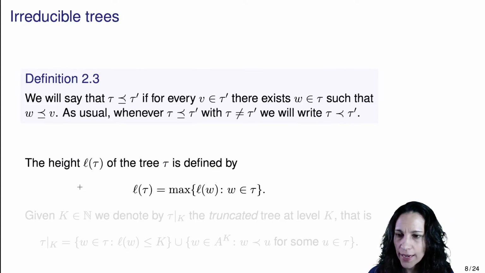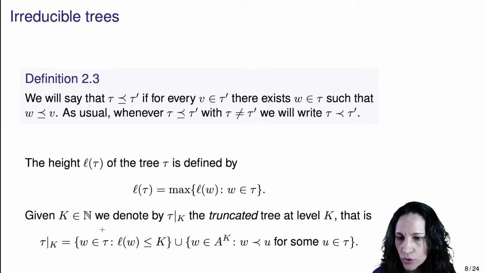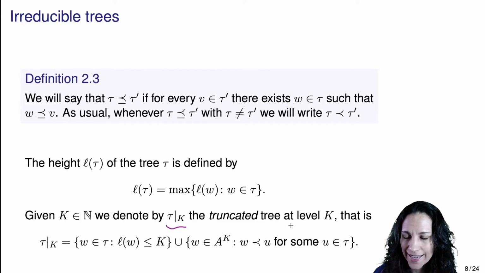Now let's define what is the height of the tree. So L of tau is the height of the tree and is defined as the maximum length of a sequence in the tree, okay? And another notion that we are going to need in the following lessons is the notion of tree tau truncated to a level k.